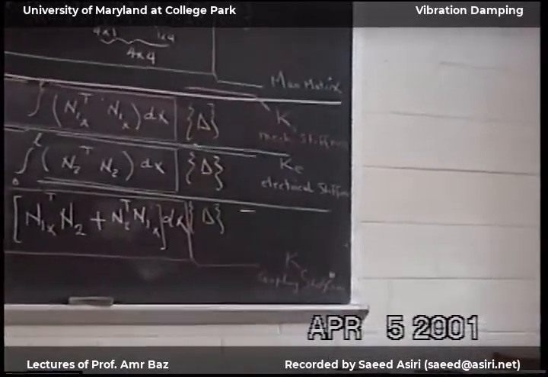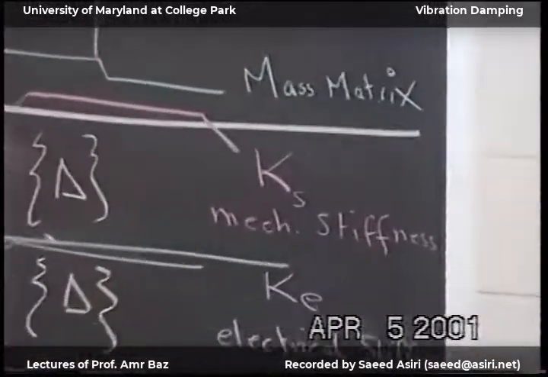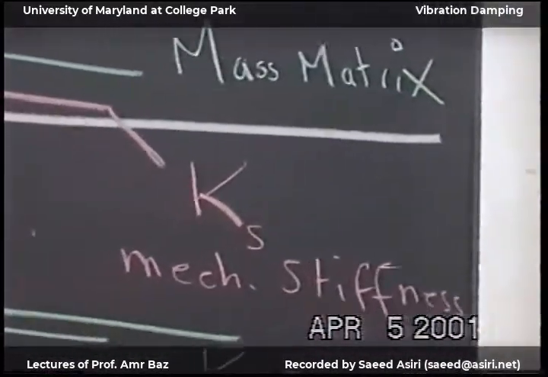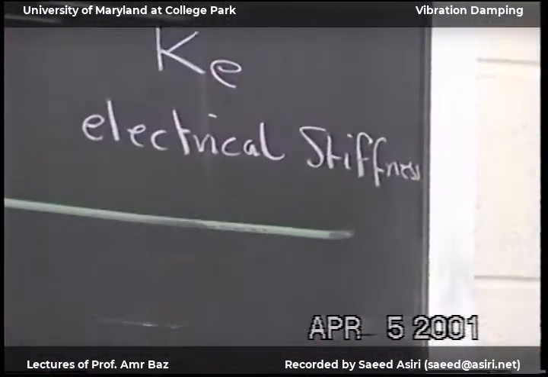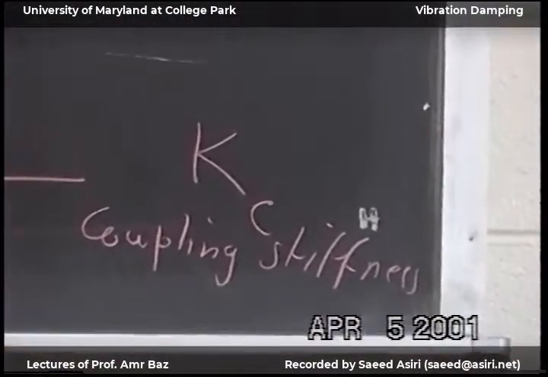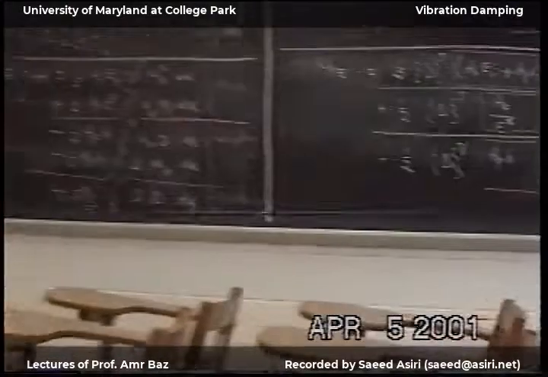Now each one of these is a function of N1 and N2. We put these numbers in Mathematica, and we extract each one of these matrices. The last matrix that I want to calculate is this component.